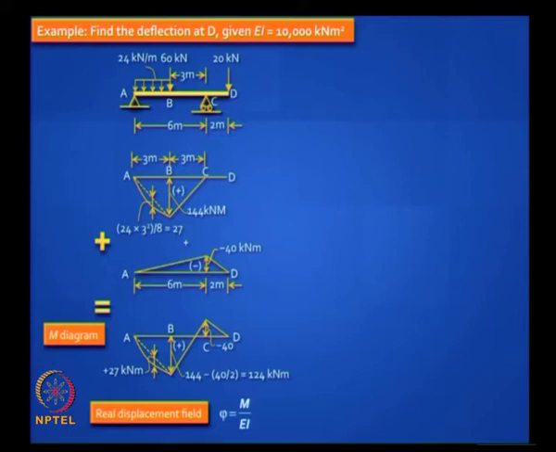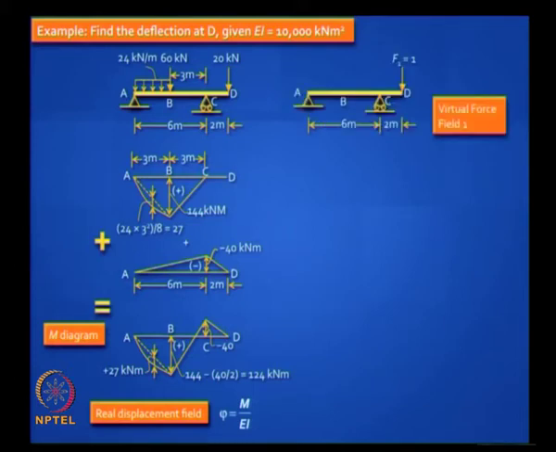And once you've got that, capital M diagram is the bending moment diagram in the real beam, but we are not interested in that capital M diagram. We are interested in the curvature diagram, which is the M by EI diagram. So once you have capital M, if you divide by EI, you get the curvature. To find the unknown deflection at D, you need to apply a unit load, F1 equal to 1, to find D1, and when you do that, that diagram is made up of straight lines.